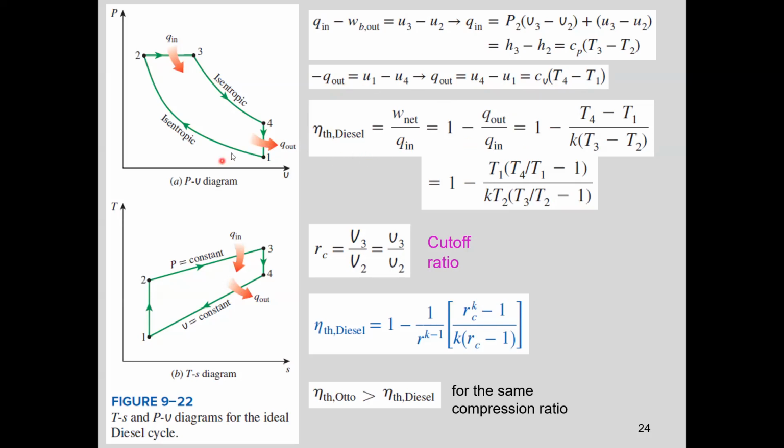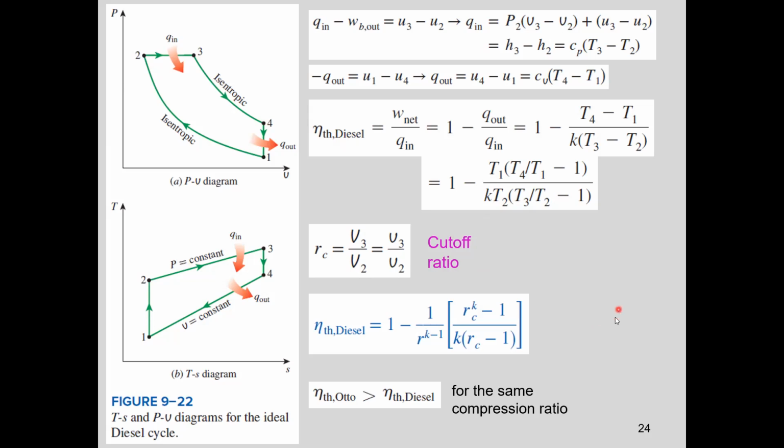And for process 1-2 and 3-4, these are the isentropic processes. So we can use the work relations for isentropic work from the beginning of chapter 4, when we discussed boundary work.